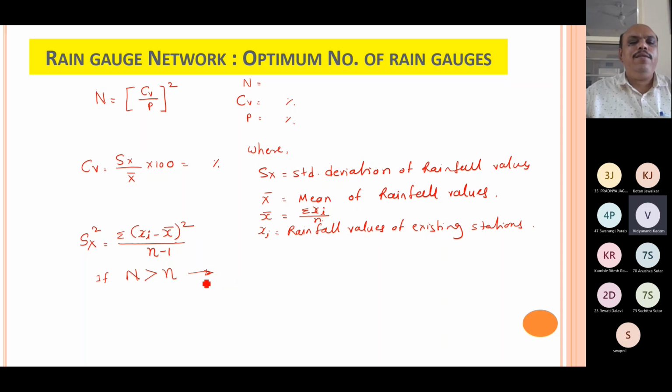Existing number of rain gauge stations. What is capital N? Optimum number of rain gauge stations. So if optimum number of rain gauge stations is more than n existing, then what does it indicate? It indicates that additional rain gauge stations are necessary.